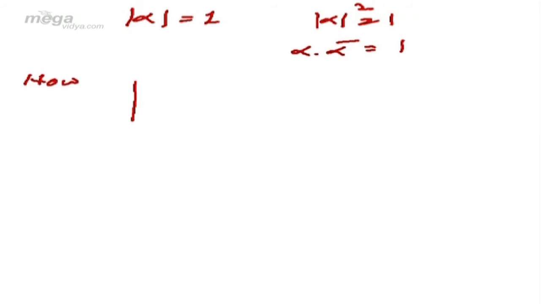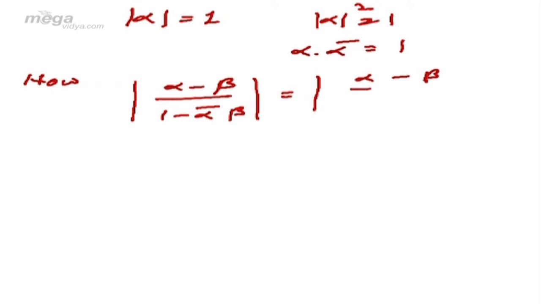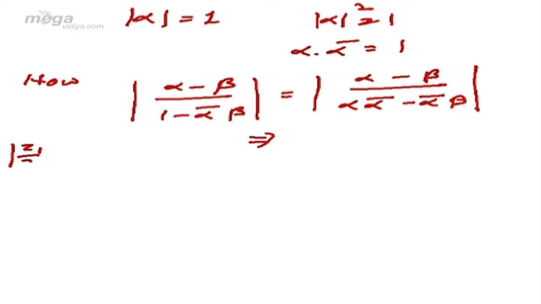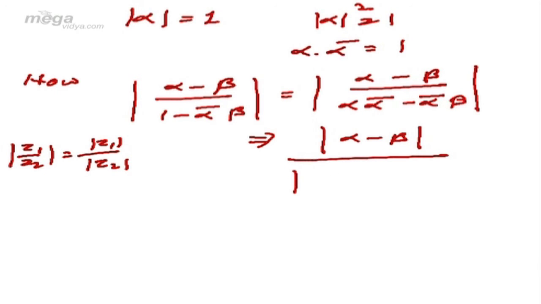Now mod of alpha minus beta upon 1 minus alpha bar beta is written as alpha minus beta divided by 1 minus alpha bar beta. You can replace 1 by alpha bar alpha, minus alpha bar into beta. Now by the properties of complex numbers, you know that mod of Z1 upon Z2 is equal to mod of Z1 divided by mod of Z2. Now we have mod of alpha minus beta divided by mod of alpha bar into alpha minus beta.